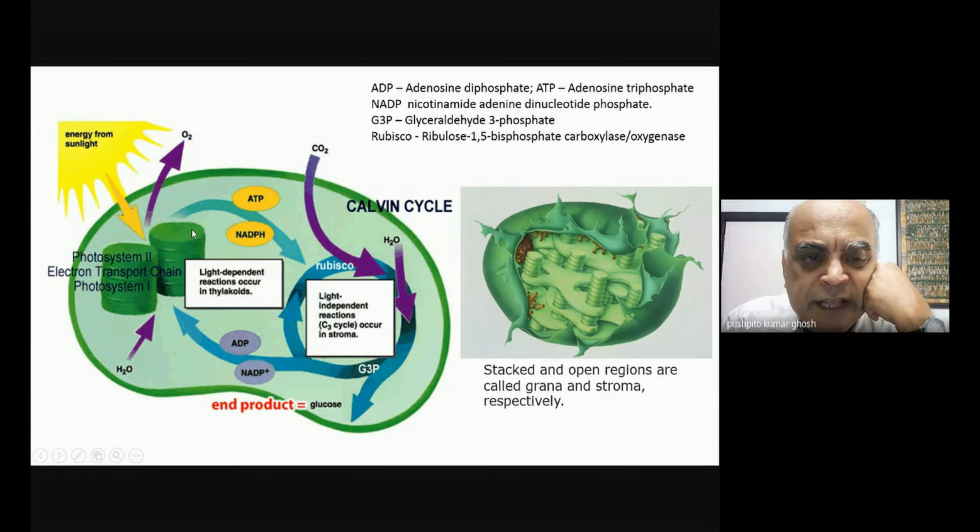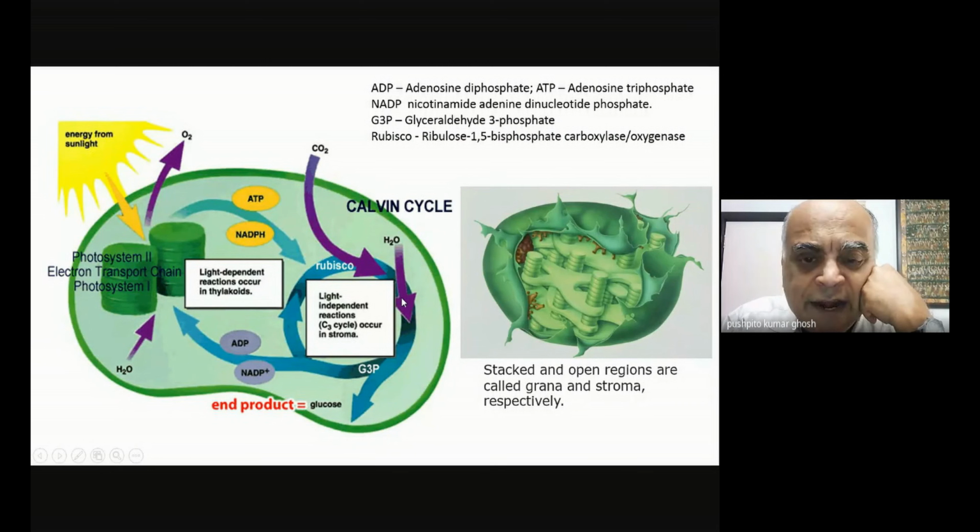In this slide, as I told you, you can see that the ATP and the NADPH, which were produced in the light dependent reactions, are moving towards the stroma, and carbon dioxide is also moving to it.